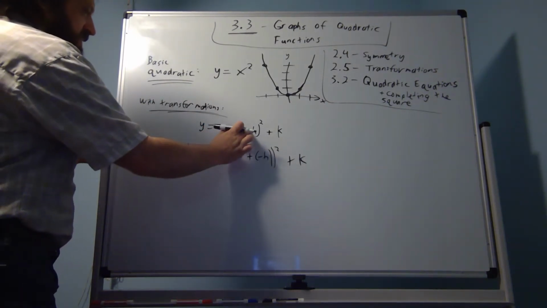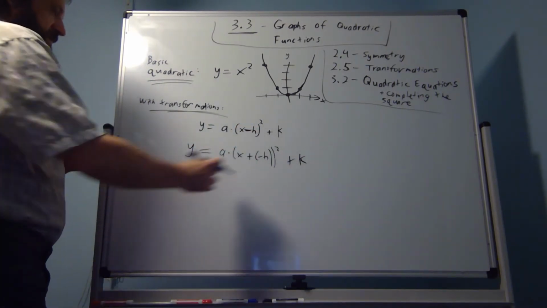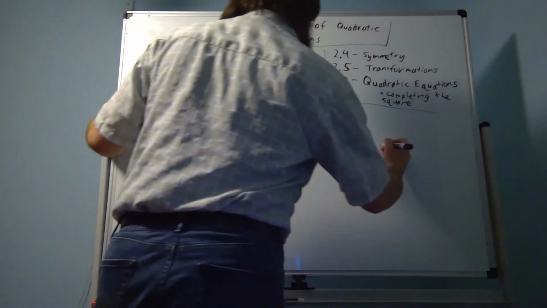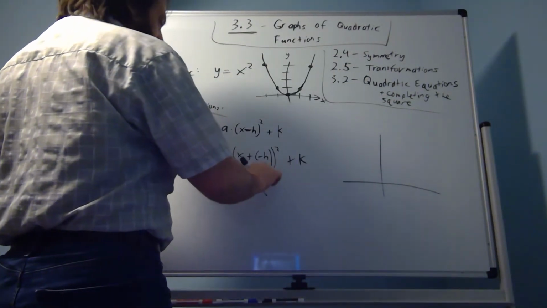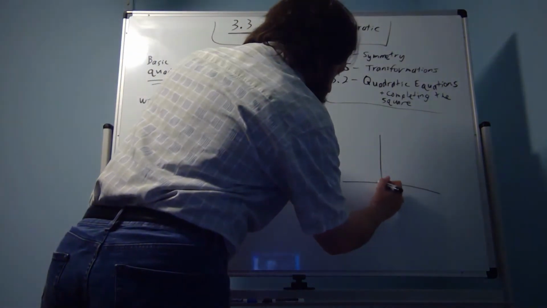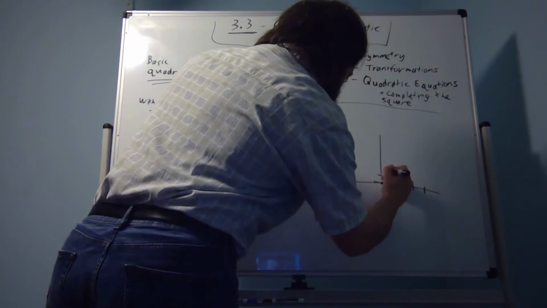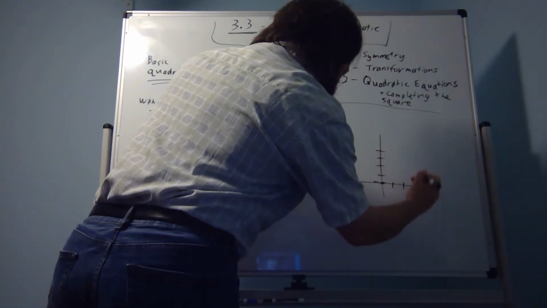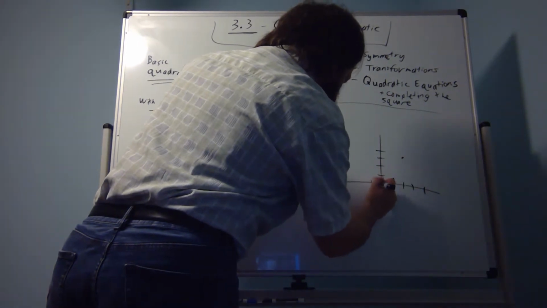That's why we like to think of it as a minus, and then we add k. Okay. Start with the original. 1, 2, 3, 4. Well, I'm not going to make it that far, but let's do this just for starters.